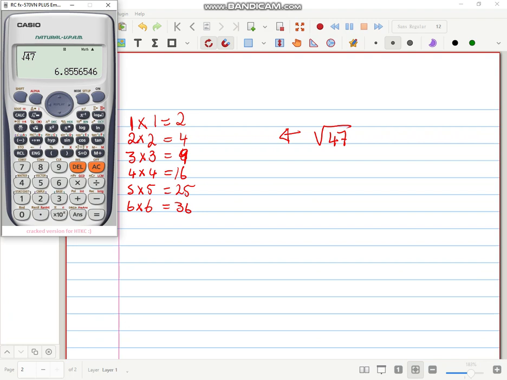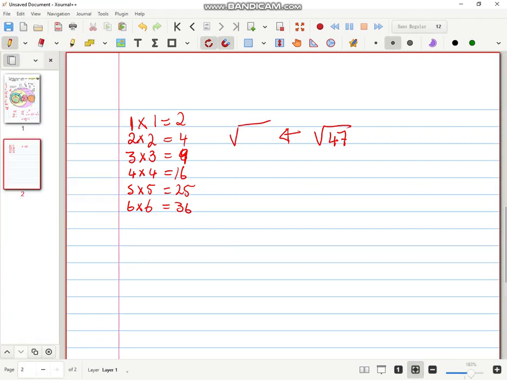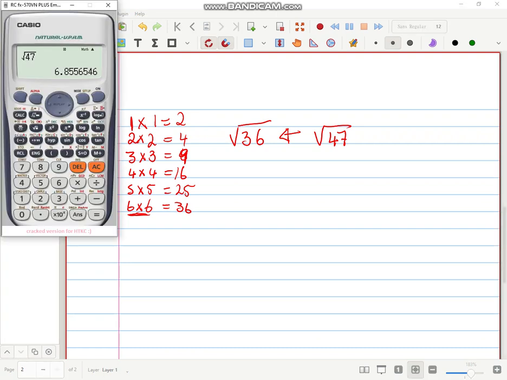Because you have 6.8. So you're going to take 6, which is square root of 36, right? To get a number that is consecutive to this, I have 6.8.